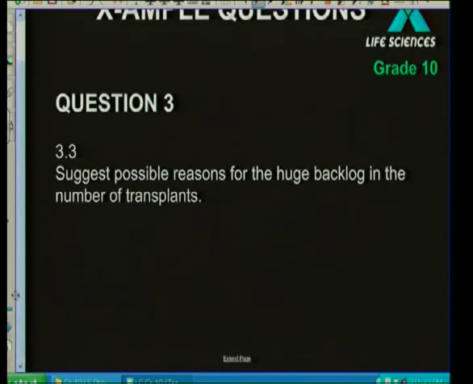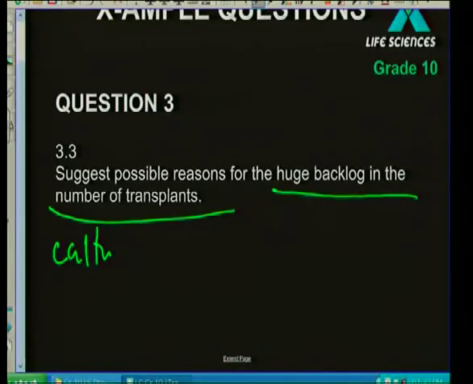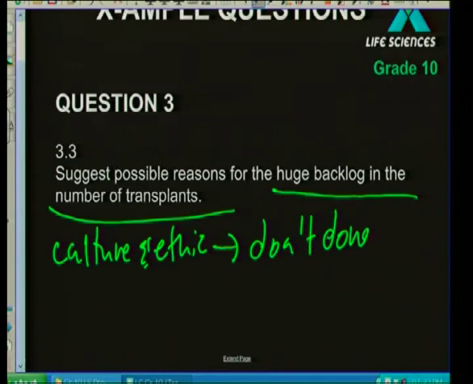Suggest possible reasons for the huge backlog in the number of transplants. We've spoken about this earlier. Why is it that people are still waiting for transplants? One would obviously be because of culture and ethics, etc. Many people don't donate organs.